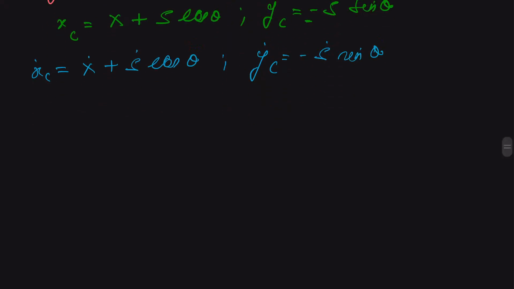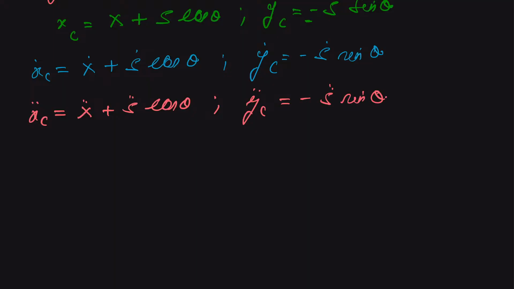Double differentiation is going to give us the acceleration: x double derivative plus s double derivative cos of theta, and similarly the y component will be s double derivative sine of theta. So these are the horizontal acceleration as well as the vertical acceleration of the disk center.